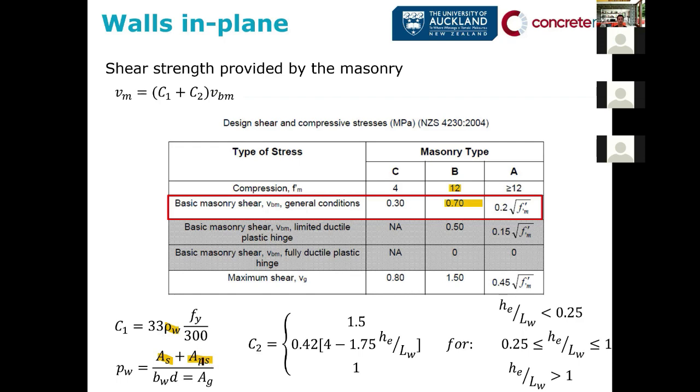So that's why it needs a specific nomenclature, divided by the gross area. And then C2 depends on the height divided by the wall length. This is the whole length, not the distance between the bars. So whether it's smaller than 0.25, between 0.25 and 1, or larger than 1.